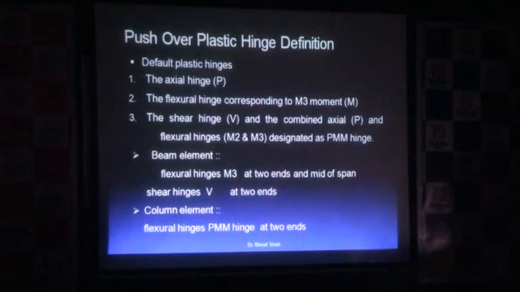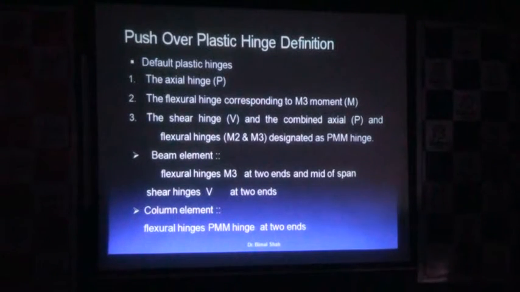Usually midspan hinges will not be stressed, but still, just for our purposes, in case of very heavy loads or very heavy buildings, you may sometimes have your midspan hinges also developing, and the shear hinges at the two ends. And in the column elements, we had only defined PMM hinges, that is the axial and biaxial bending type of hinge. So P, M2, M3 hinges at the two ends.